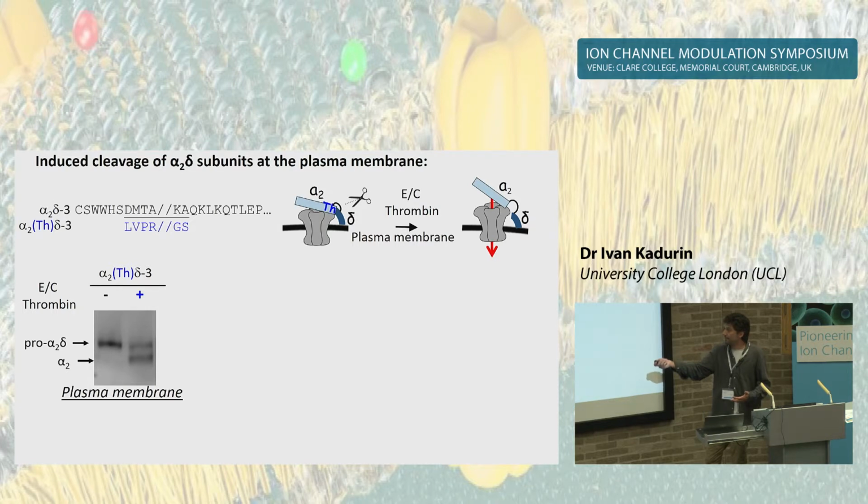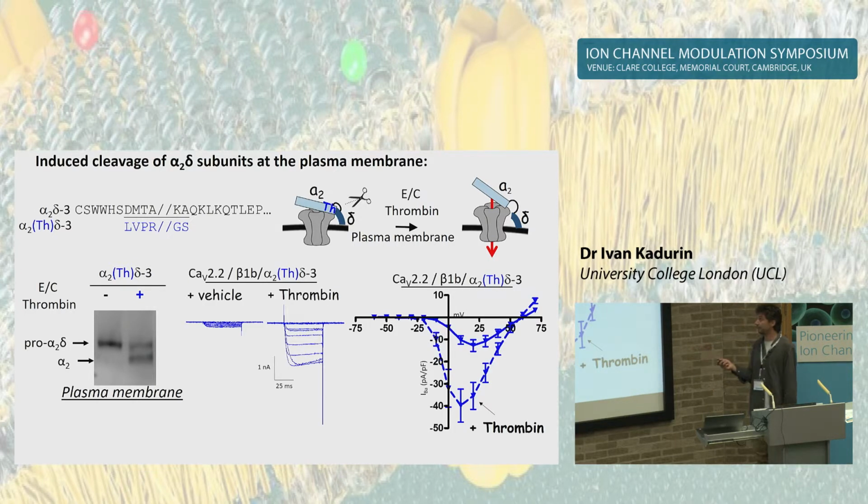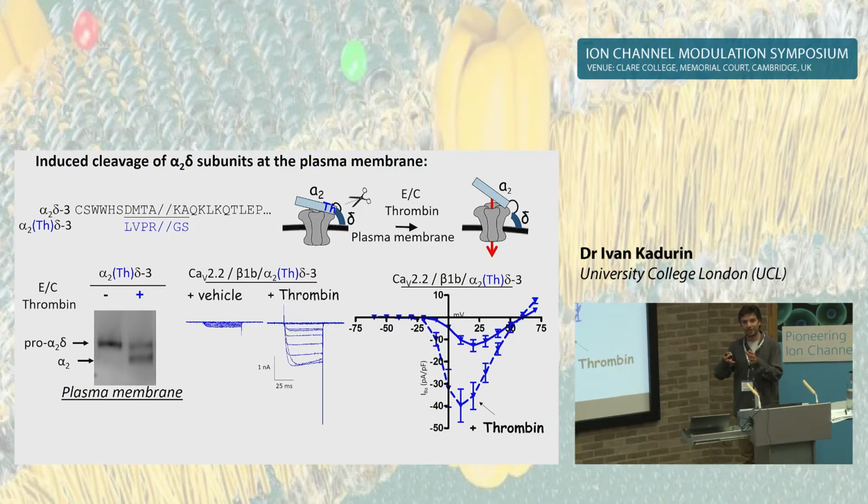This is from the plasma membrane biotinylated fraction. The cleavage was present, and it was at the inserted site, and then this restored the function again. So this was additional evidence that the channels require this proteolytic cleavage to be allowed to be voltage sensitive. So that was very interesting.